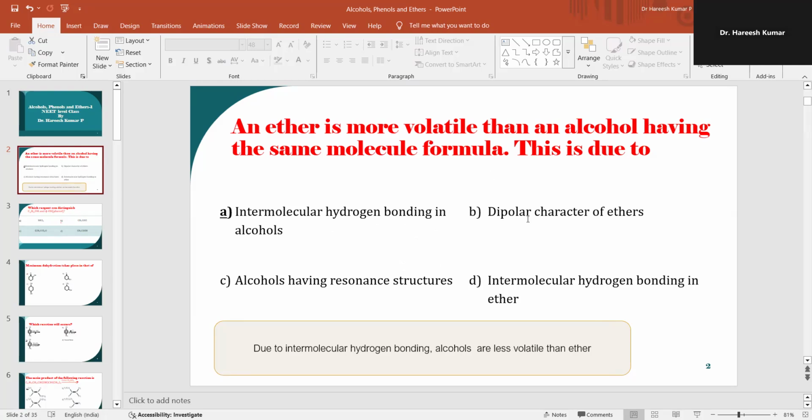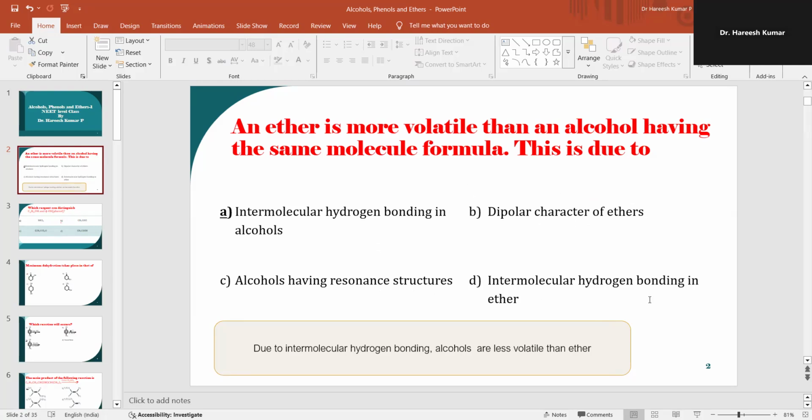Whereas ether does not possess it. Of course, they are polar, dipolar. If we look at the dipolar character, ethers have less dipolar character compared to alcohol. Alcohols having resonance, definitely the resonance structure is not the right answer for this high boiling point.